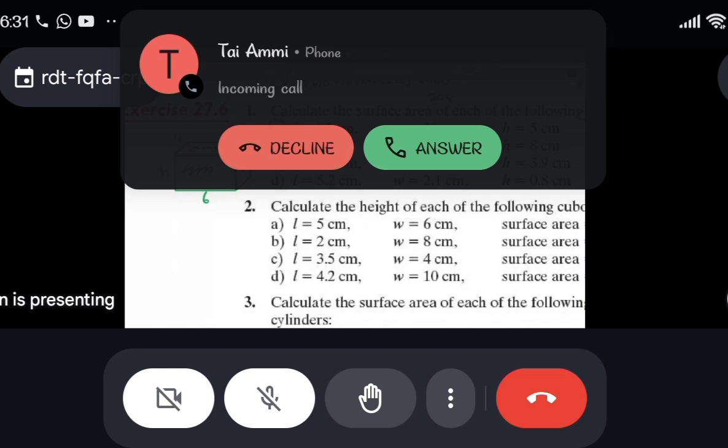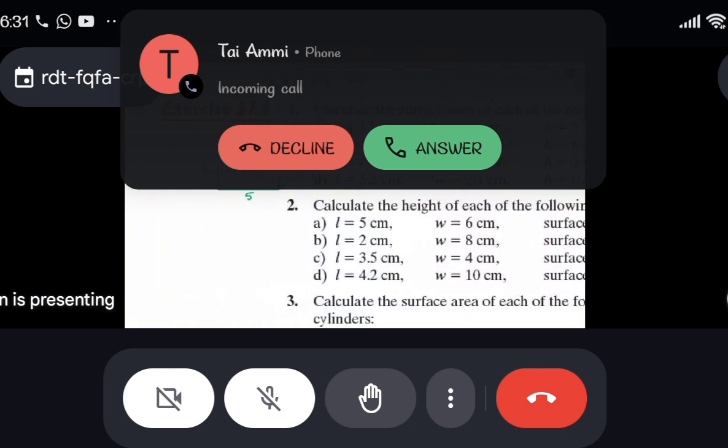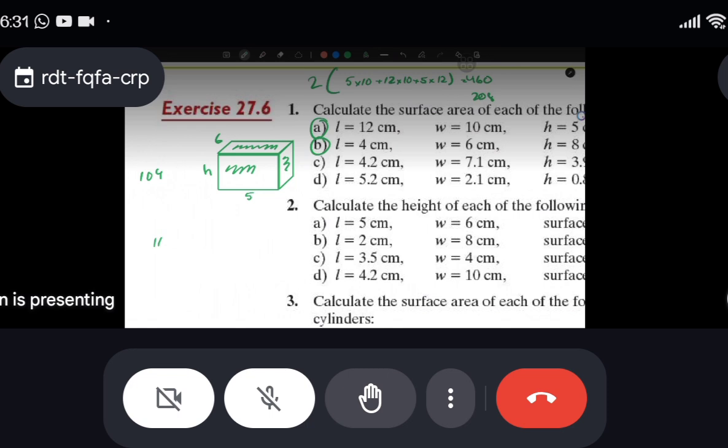With h, we got 6 and we got 5. And the surface area is 104. The first thing you'll do is 104 is equal to 2 bracket, tell me what will be inside? Sir, lw plus wh plus lh. No, don't take w, their values are given. Only h we take as h. So sir, 5 into 6 plus 6 into h plus 5 into h.